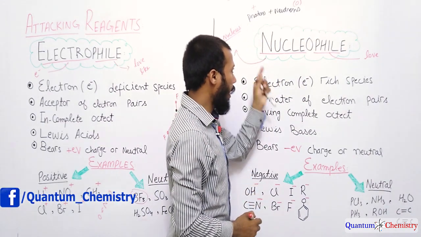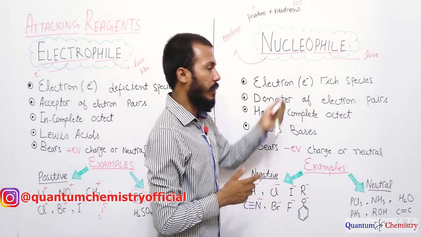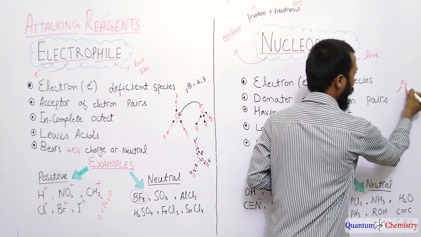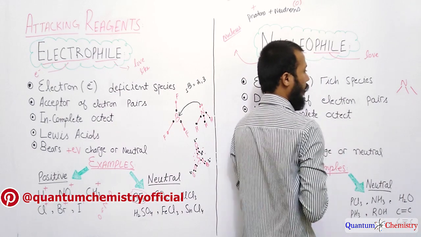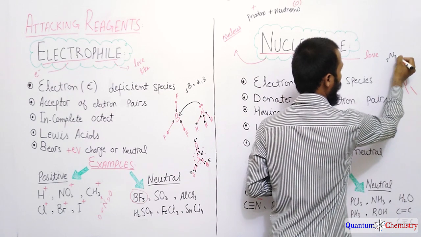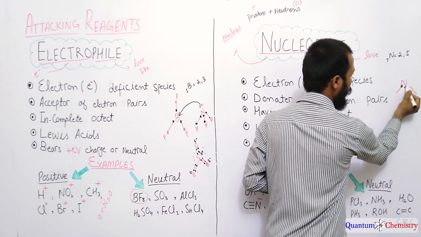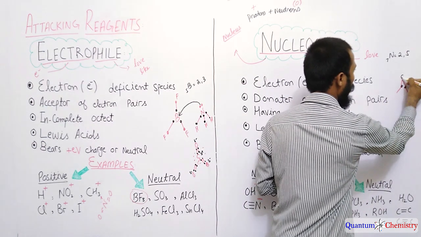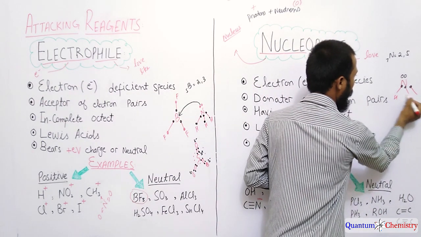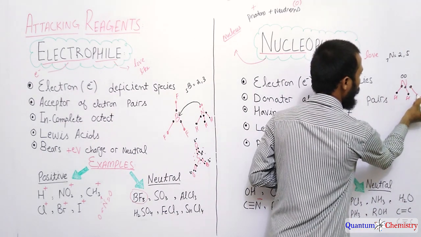Nucleophiles are electron rich species, and we will explain it with the help of ammonia. Ammonia's nitrogen has atomic number 7, so its electronic configuration is 2 and 5. It has 5 outermost electrons, and 3 electrons are shared with 3 hydrogen atoms as single bonds, and 2 electrons are present as a lone pair.